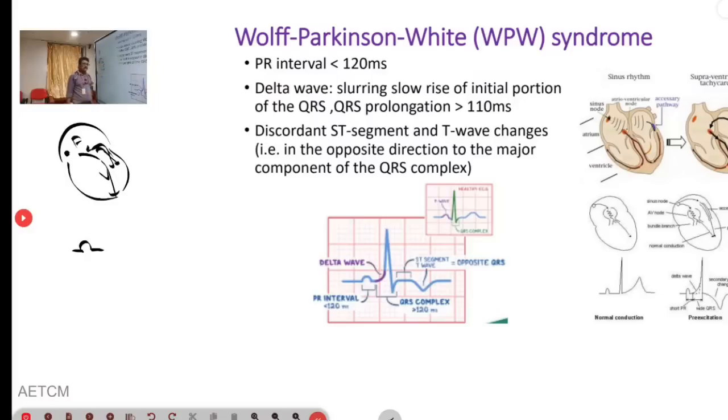This is a faster pathway. So you get a short PR interval, then you get a slurring or upsloping of the ST segment. This is called the delta wave, and you can get a wide QRS complex, ST segment and T inversion. So this is WPW syndrome. Here also you get wide QRS complex.